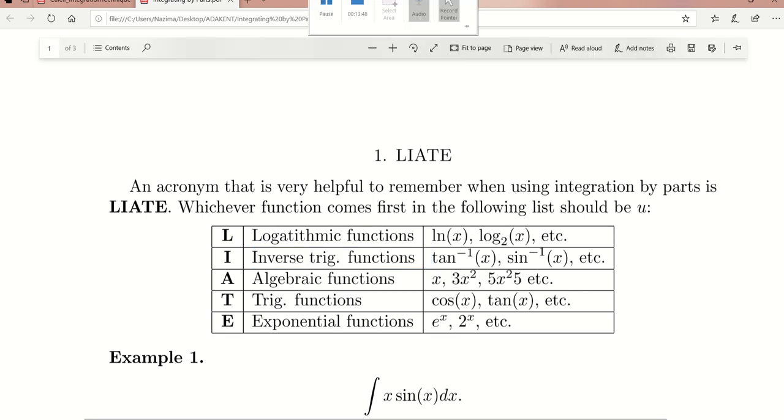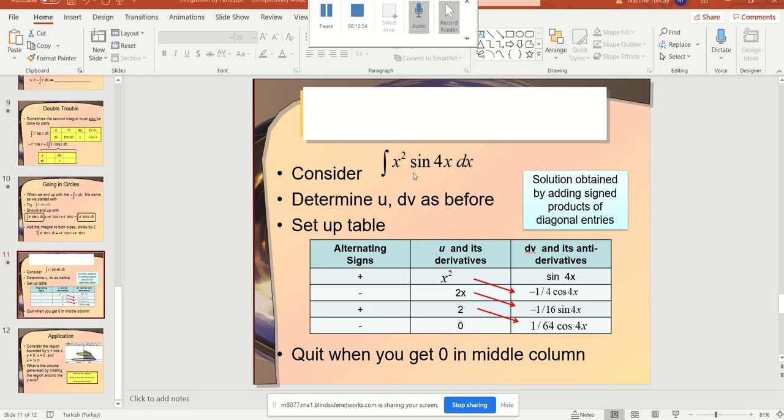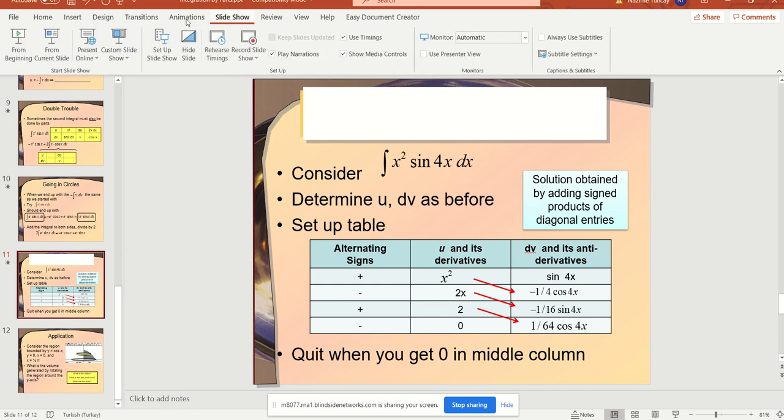Yes. Okay, you cannot see my screen. Okay. In this tabular method here, again, there is a trigonometric function here, and there is an algebraic function. There are two things. Let me have a slideshow from current slide.